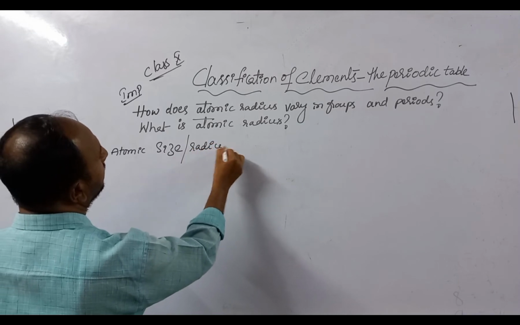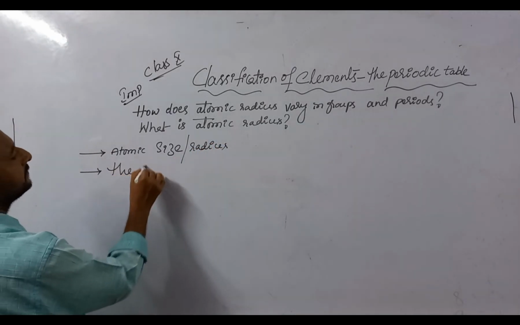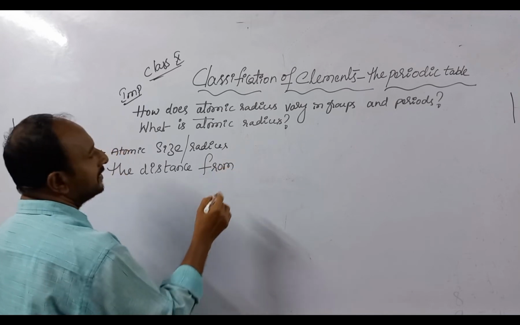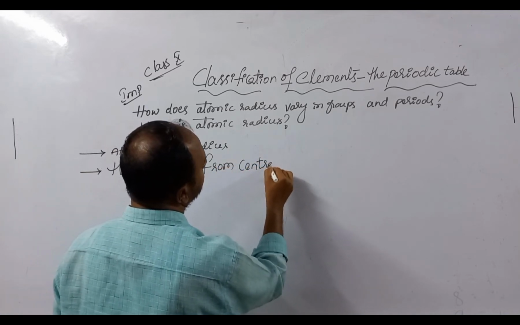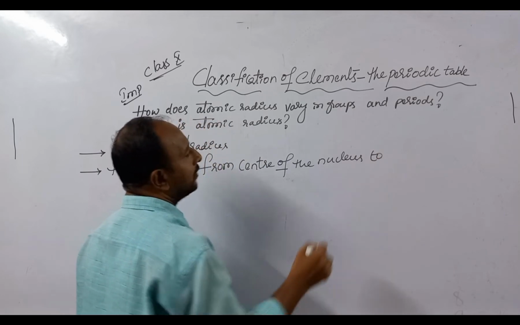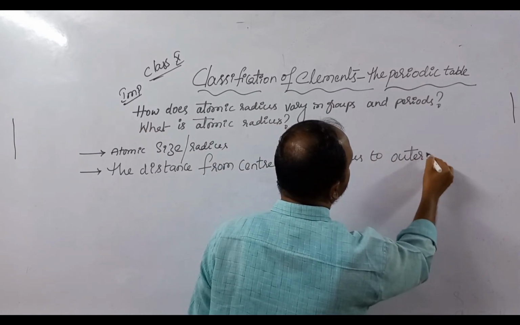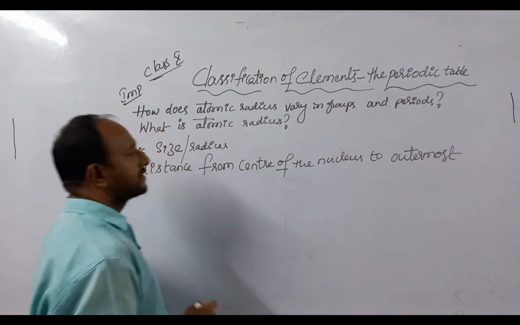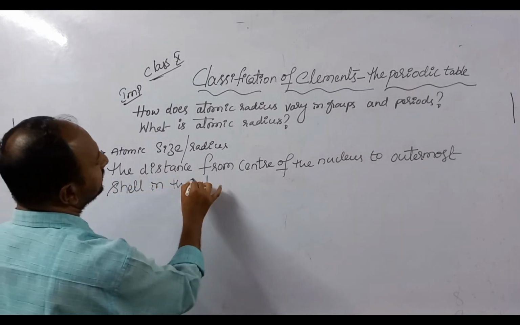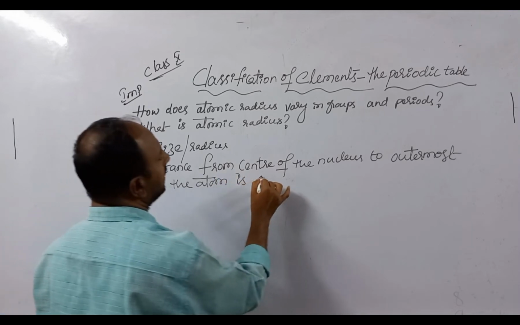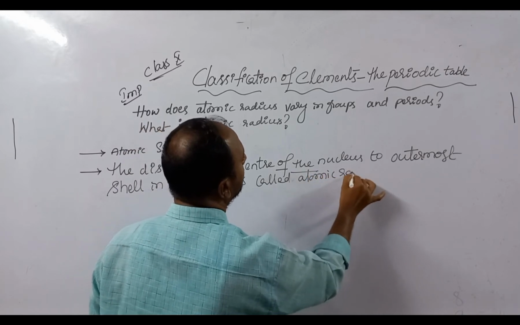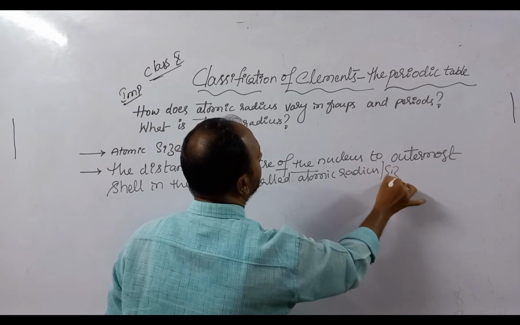The distance from the center of the nucleus to the outermost shell in the atom can be called atomic radius or atomic size.